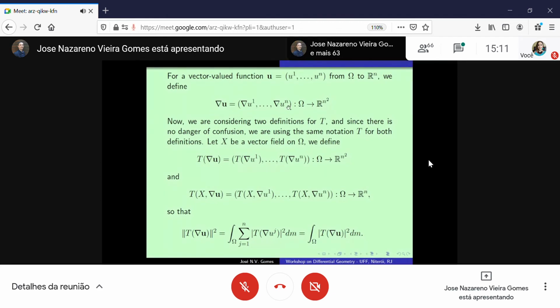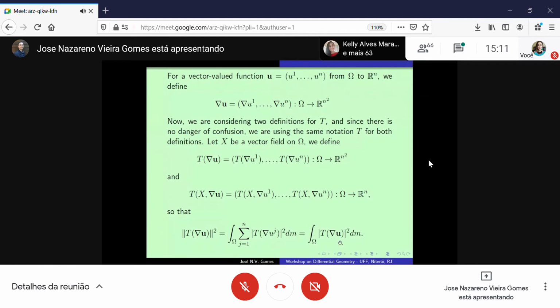Note that here this vector field is in R^n squared, and here also, but here is a vector field from omega to R^n, so that we have this definition.